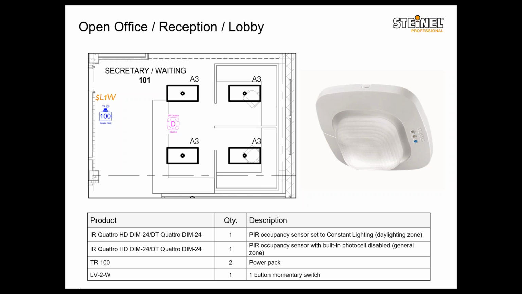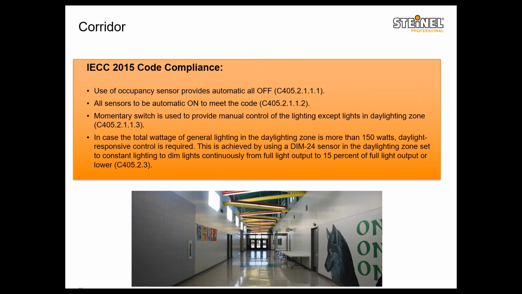Okay, the next area that I will be talking about is corridors. Corridors resemble the lobbies and reception areas quite a bit. The main difference is you probably won't have any daylighting zone in corridors in a school.